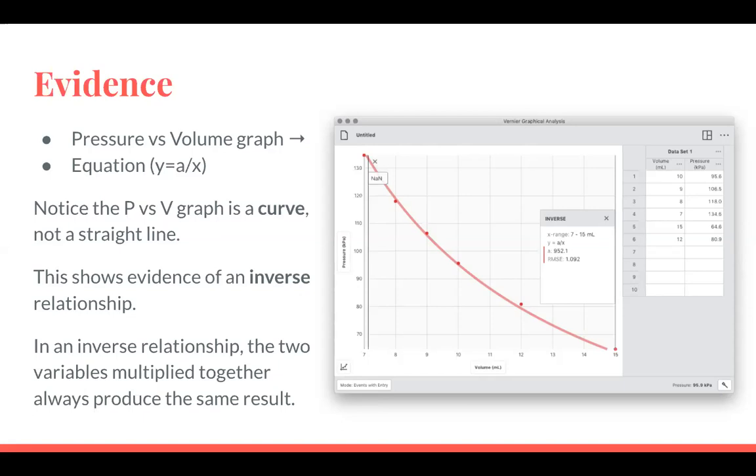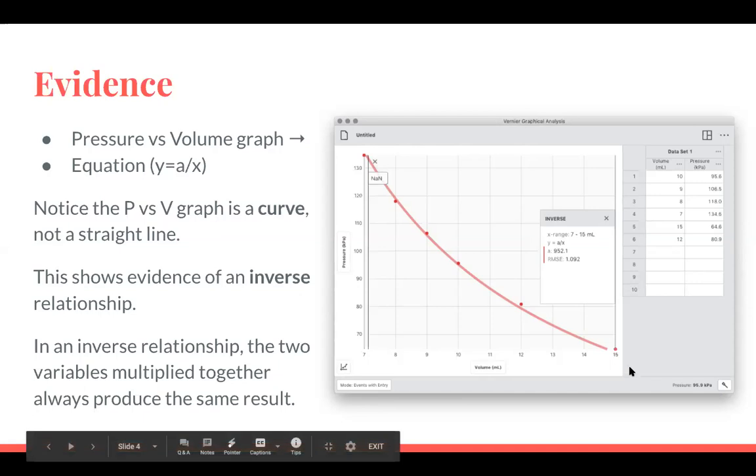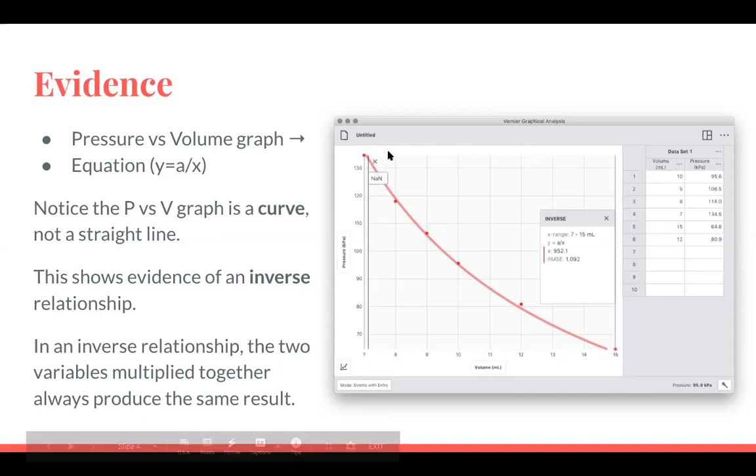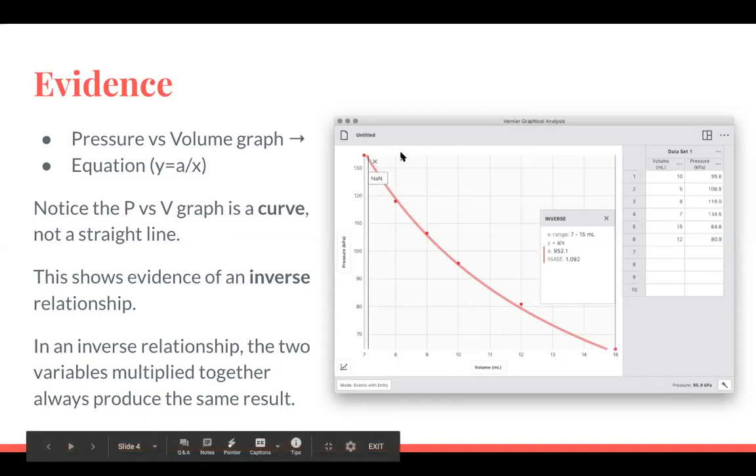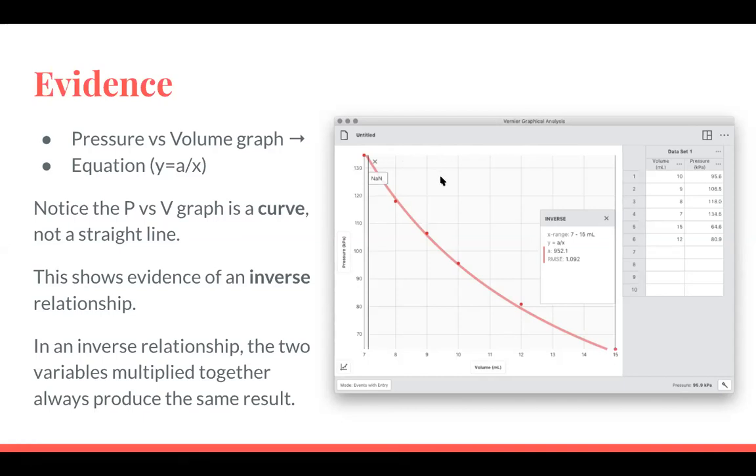If it was a straight line, you would eventually get to a point where you had negative pressure or negative volume, neither of which are possibilities. So this curve shape is the better fit. If you played around with some of the other options, you probably found some more complex curve fits that worked, but inverse is the simplest relationship that fits the data, so that's what we go with.